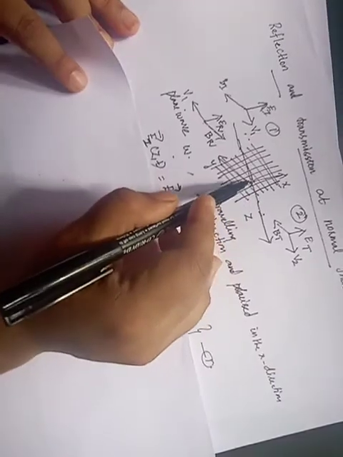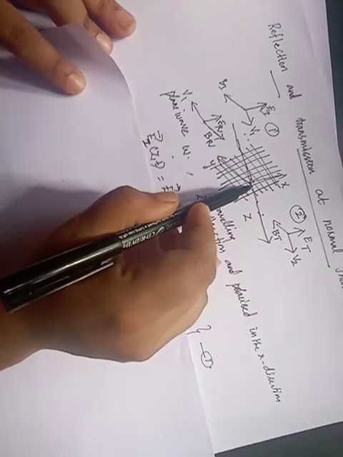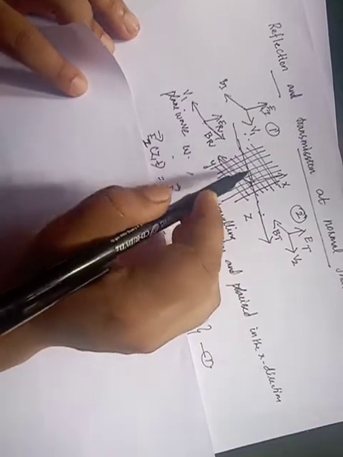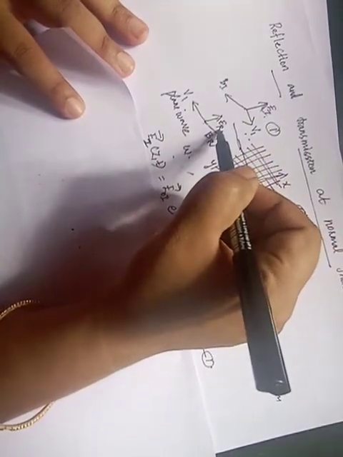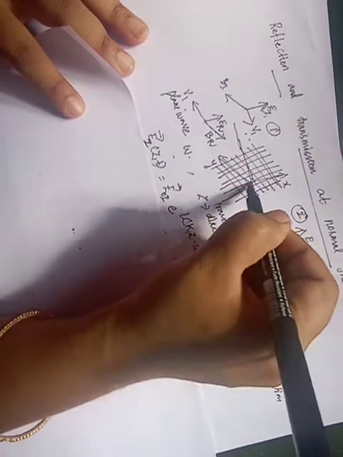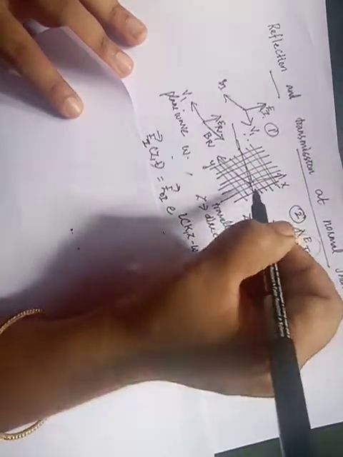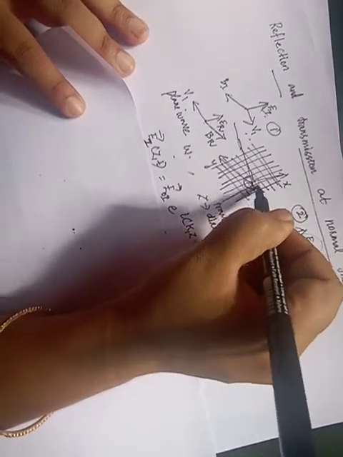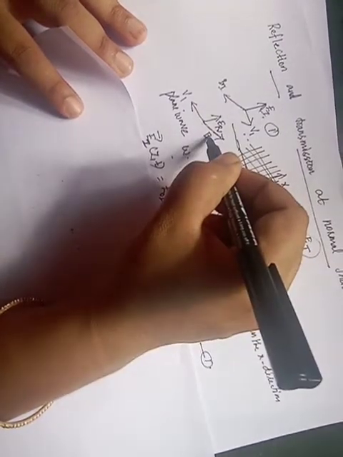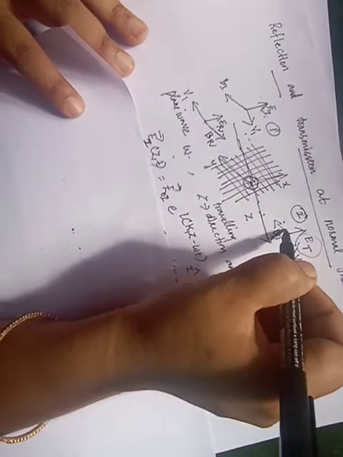Now we are going to write the boundary condition at z is equal to 0. At z is equal to 0, the combined fields on the left, the incident electric field and the reflected electric field, meet the transmitted electric field Et. This is the boundary condition: the combined fields at the left meet the field at the right side.